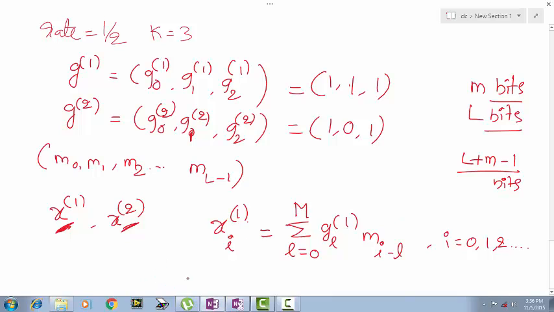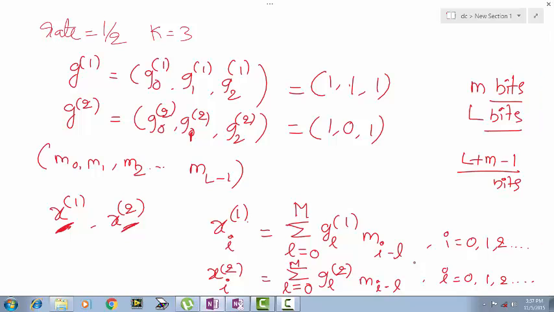Similarly you can write the second output also. So xi of 2 is equal to sigma L equal to 0 to capital M, GL of 2 M I minus L, where I is equal to 0, 1 and 2 and so on. So the outputs are found by doing convolution of the message sequence with the corresponding generator sequences. This is how we find out the output.